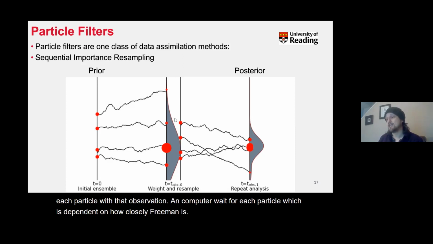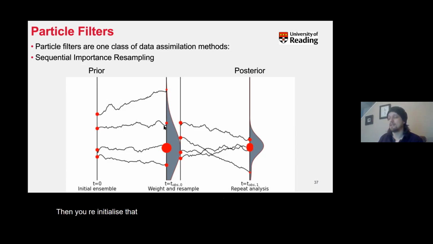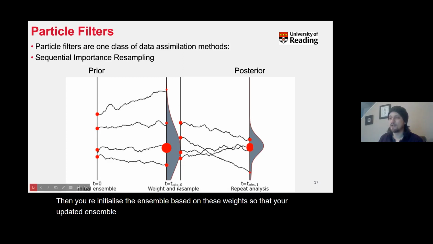Then you reinitialize that ensemble based on these weights, so that your updated ensemble should be a closer reflection of this observation, and then you send that forward in time.